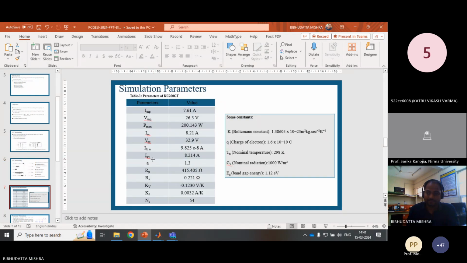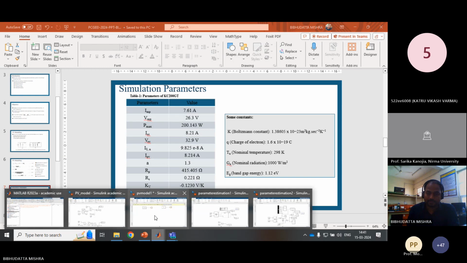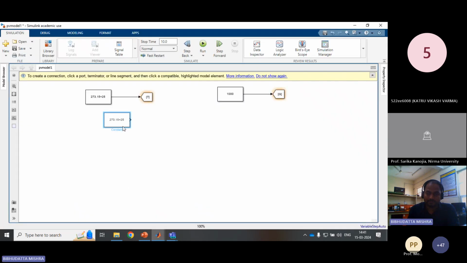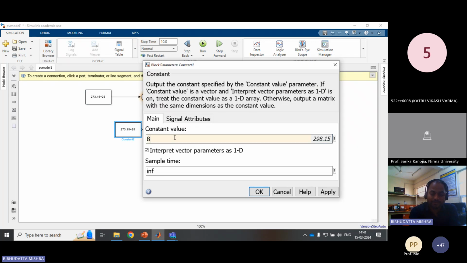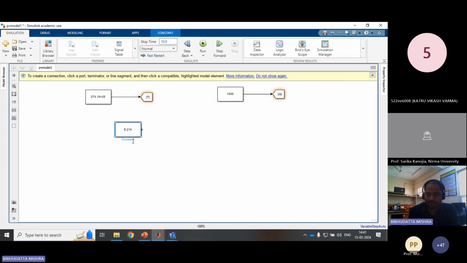IPHN is 8.214. So a constant block, assigning the value 8.214, and for our convenience, we can also rename this as IPHN.